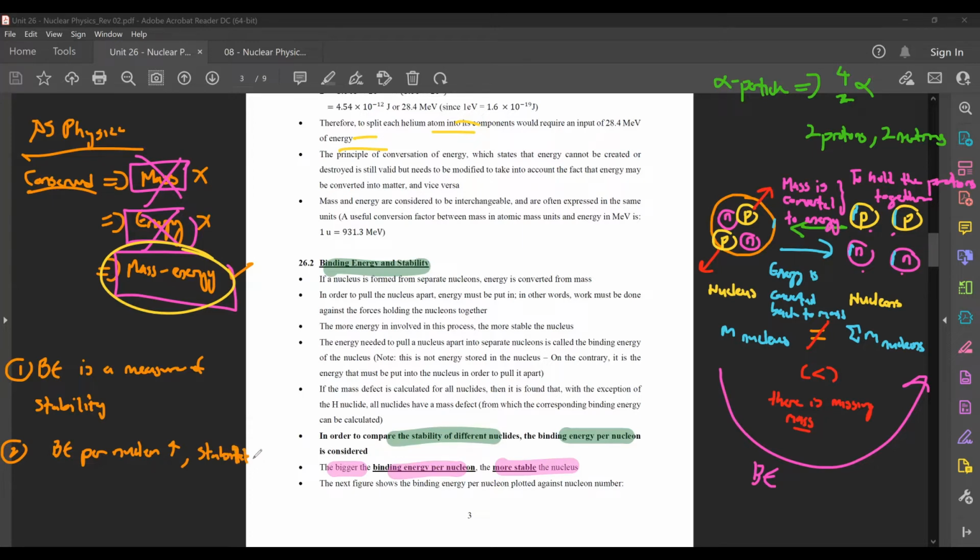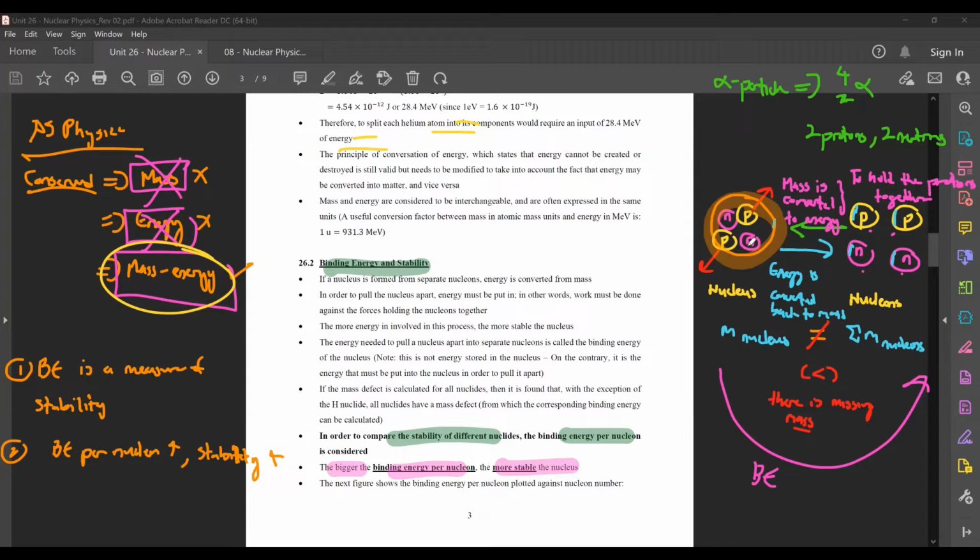Now, when something is more stable, it means it's harder to pull it apart, right? When you're talking about a nucleus, let's just say a helium nucleus like this one, if you need more energy to pull the nucleus apart, that means it is stable.